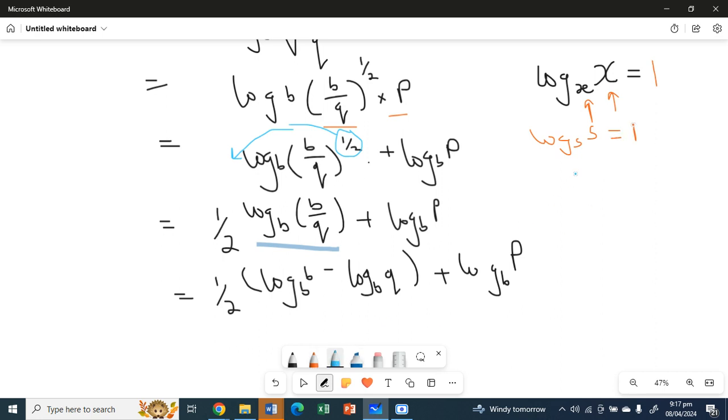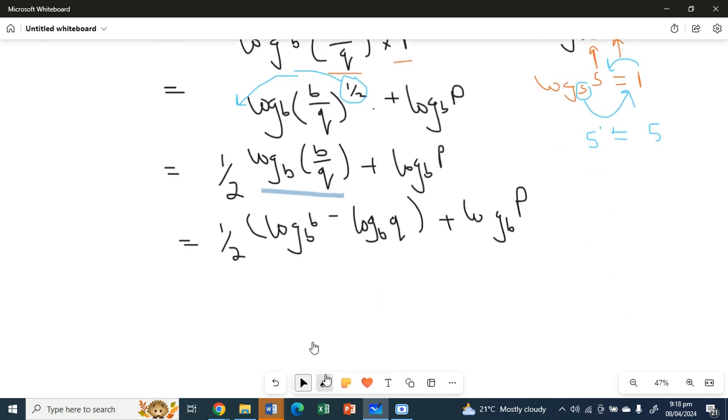Because 5 to the power 1 is going to give you 5. So anytime you see the base is the same as the value, you are going to get a 1. So in this case, log_b b is a 1.